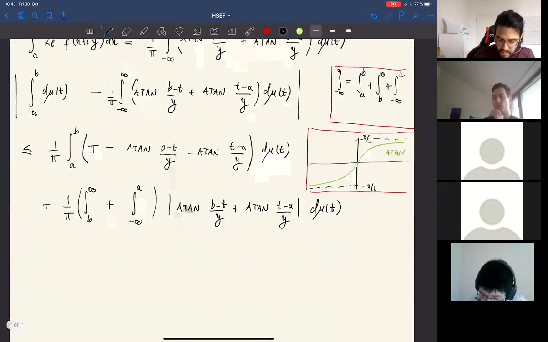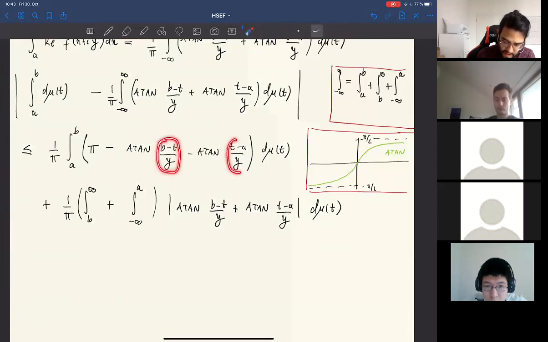Now you see more or less what is going on, because I always think of taking y to 0. Since t is between a and b, this thing is positive and this thing is positive. So when I take y to 0, this thing is going to plus infinity, and this thing is going to plus infinity.